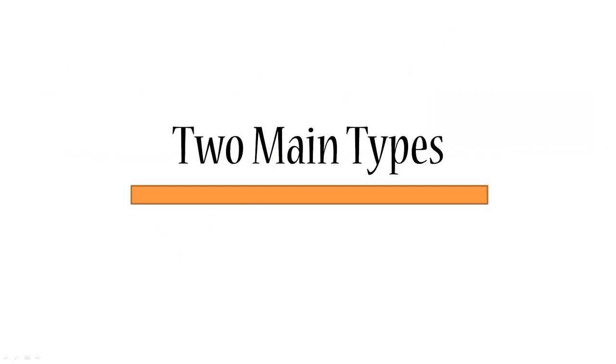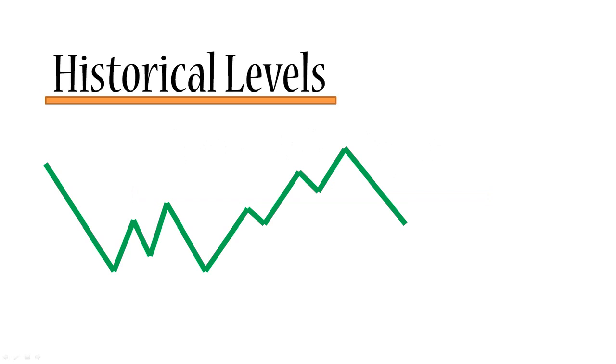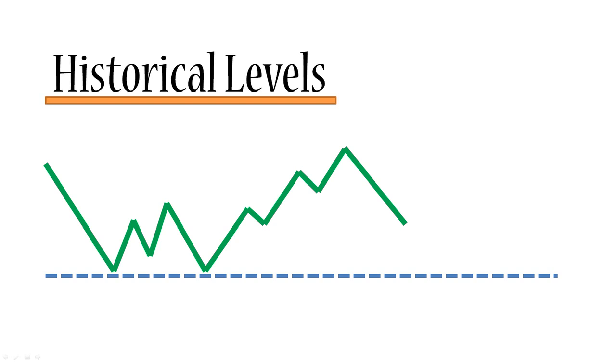Let's have a look at the historical type first. Historical levels. Looking at this chart, can you identify any horizontal lines that have been tried and tested by the price more than one time? We can see one of those lines right away. It's this horizontal support line, and the price tested this line over here at first, and then it came back to this line here.